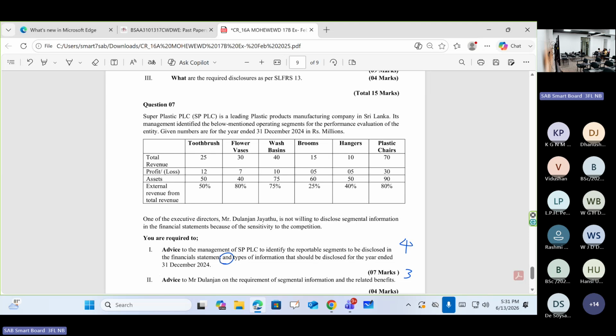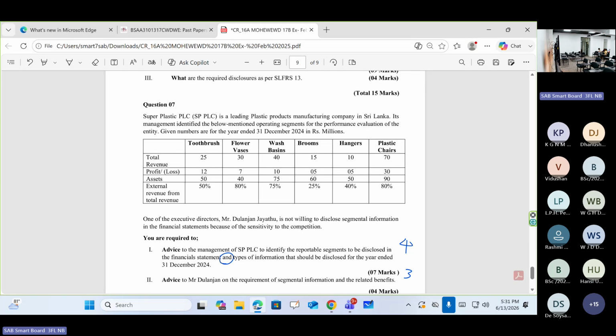Right. The other three criteria are pretty straightforward.